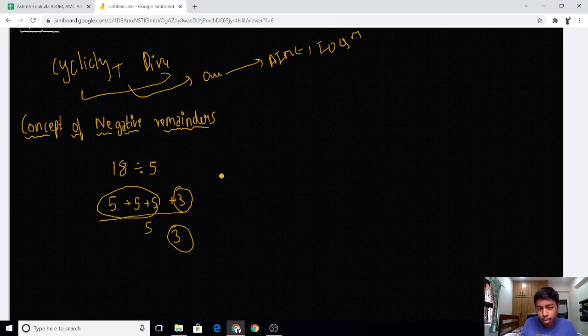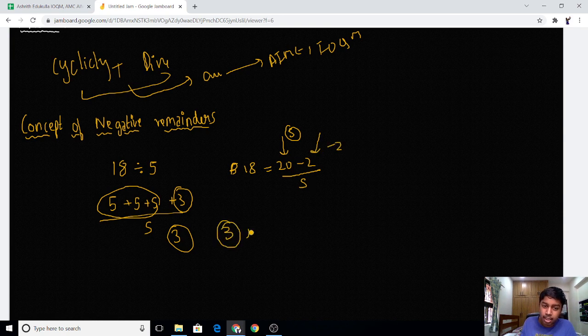What if I think in a reverse way and I write 18 as 20 minus 2, divided by 5? You can see that 20 is divisible by 5 and the remainder is minus 2 now. So the remainder when 18 is divided by 5 is 3 or minus 2, either of these.